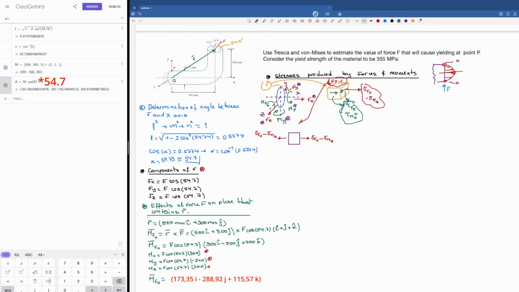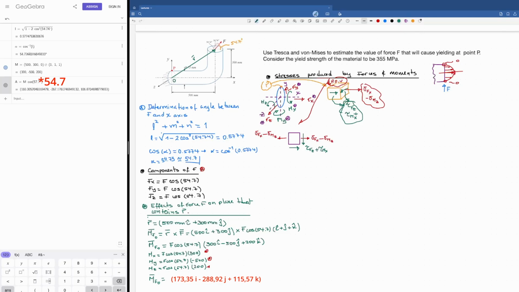Just put it just in case. And then we're going to have shear stresses in this direction, which now tells me that they are going to be positive. They are going to be the shear stress produced by this force plus the shear stress produced by this moment, which is a torque. And of course, because of the reciprocity of shear stresses, this is going to be the same.